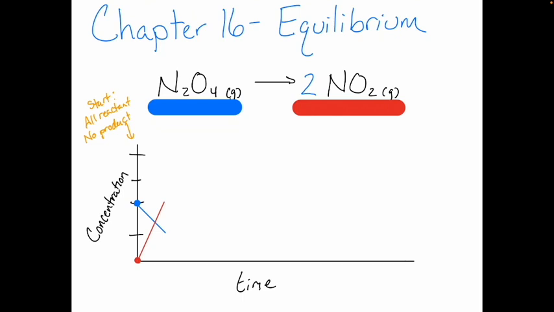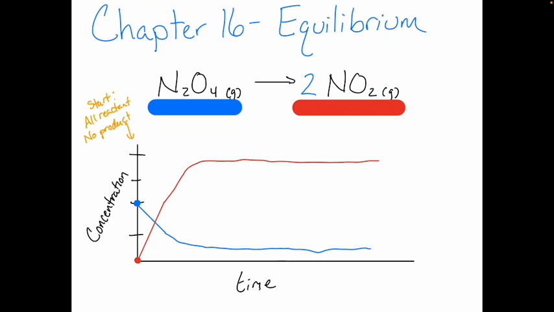Okay? If we keep this going and we keep on following this along here, we'll see all of a sudden this concentration start to peter off until it hits this plateau. Okay, same thing with my product. My concentration's going to rise, but eventually it's going to get to this point where it plateaus here, right?